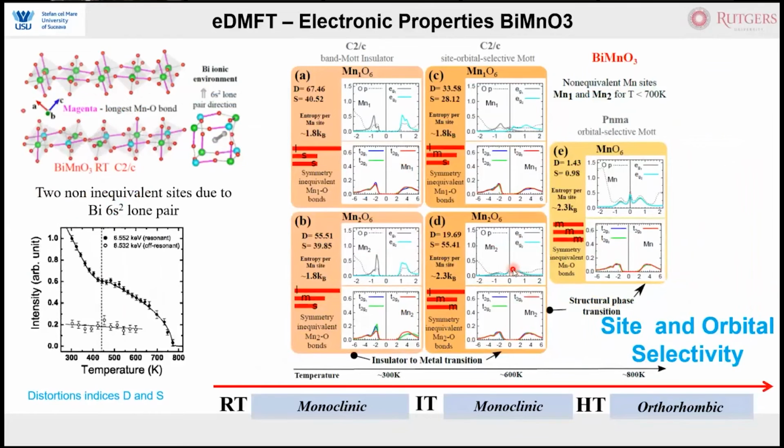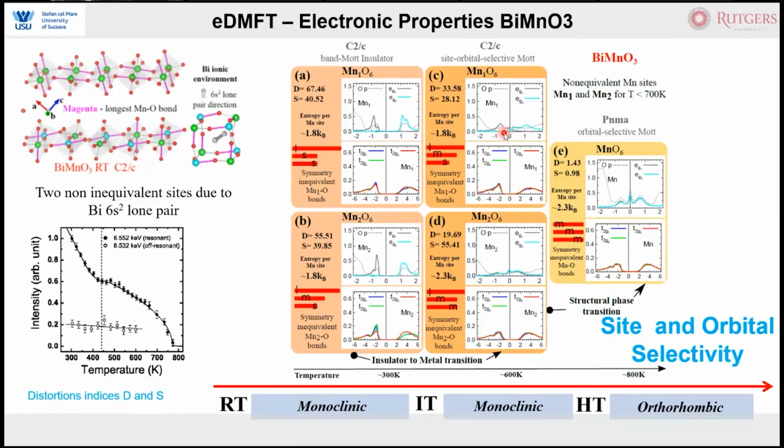I don't have orbital order there. So I call this intermediate state the site orbital selective Mott state. Site because the sites are different, but on each site, some orbitals are doing something different, being insulating, some metallic, some band-like. So this is another material, bismuth MnO3, where basically I have fancy states.